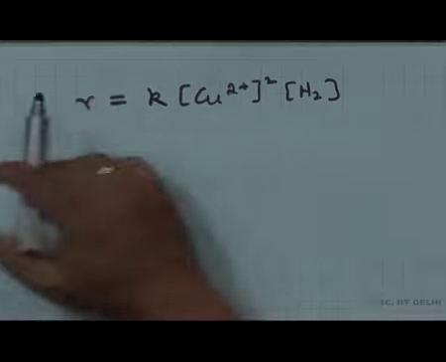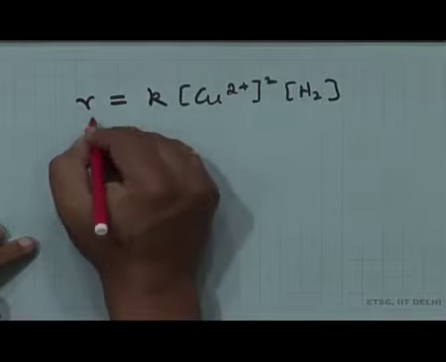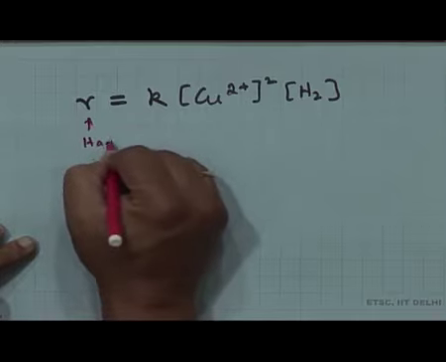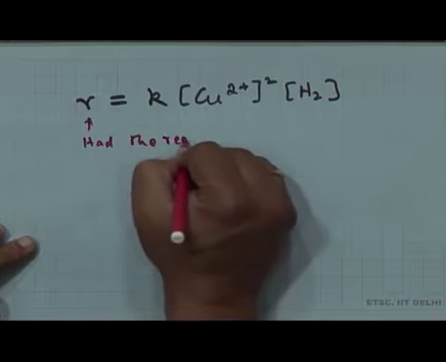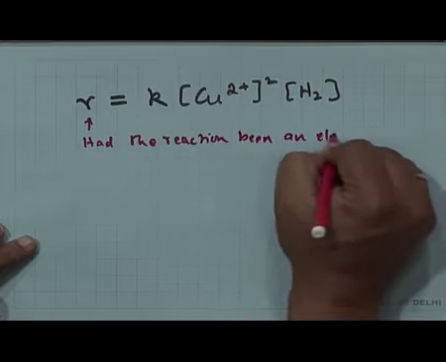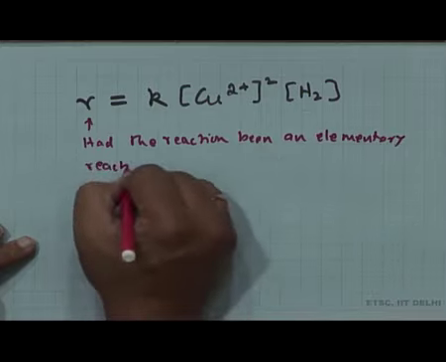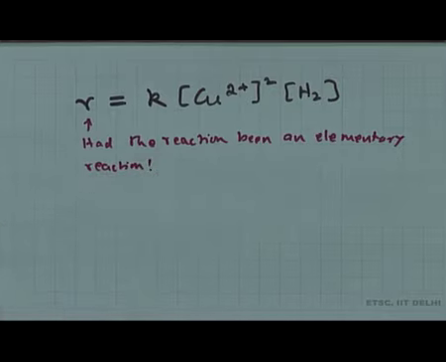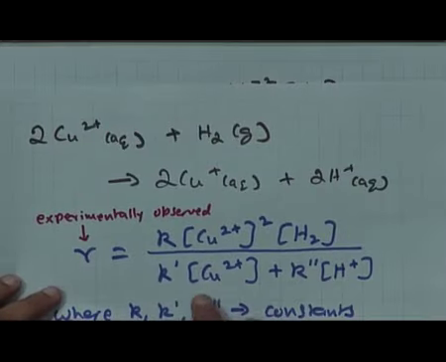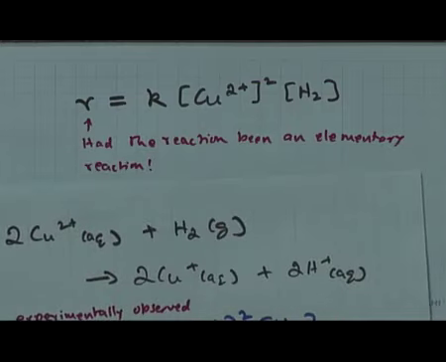So, I can say that had the reaction been an elementary reaction. But clearly it is not so. Why? Because the observed rate law, which is this, is clearly different from the one you would have expected had the reaction been elementary in nature.